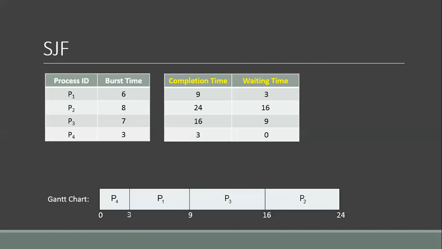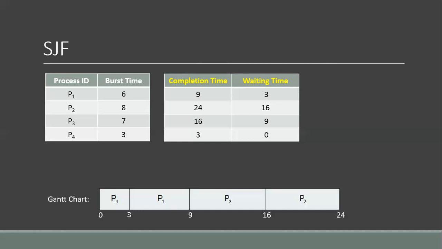Now again, looking at the Gantt chart, we can find that process P2 started its execution at time 16. This means this process has been waiting for 16 milliseconds, for 16 time units, in the ready queue. And so is the case with process P3 that started its execution at time 9.